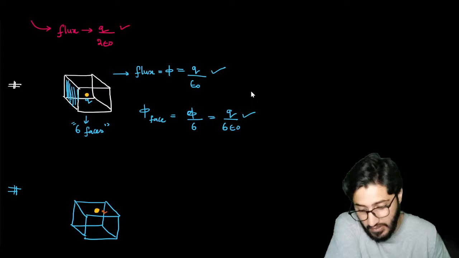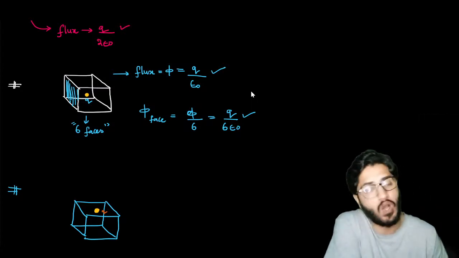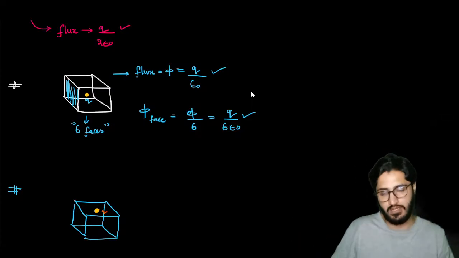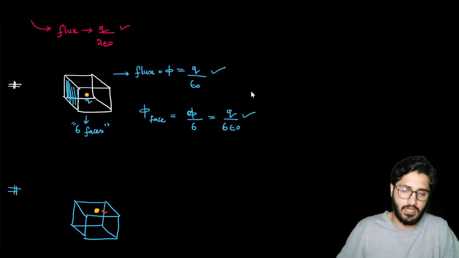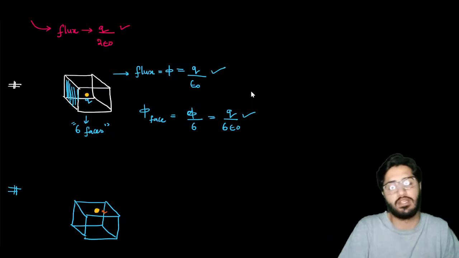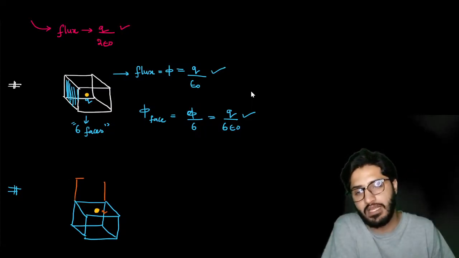If we need to apply Gauss's law, we have to make the charged particle inside it. How can we do it? I can use a cylinder on the upper side, or hemispherical shapes, but by symmetry we should apply the cube only. So I will put one more cube here.